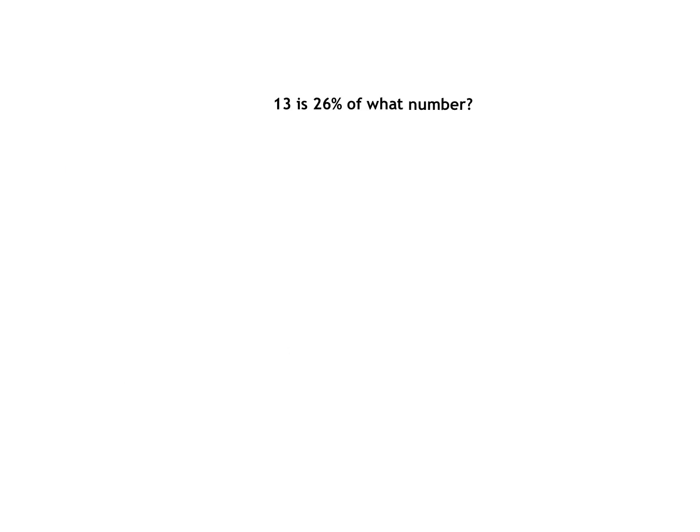Okay, then we have 13 is 26% of what number? So let's set up our percent proportion again. My percent is going to go on this side. I'm given 26%, so that automatically goes over 100. 13 is 26% of what number? So I just always think whatever we're taking the percent of is going to go on the bottom.